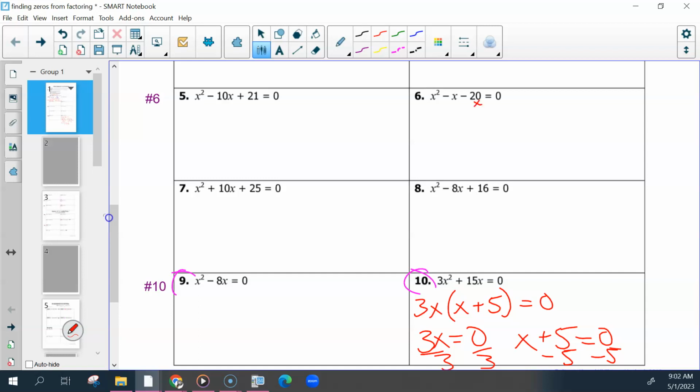Multiply to be negative 20, but add to be negative 1. Find two numbers that would work.